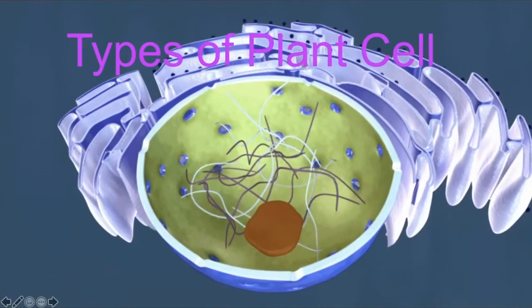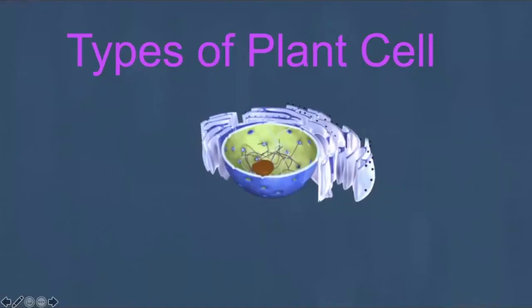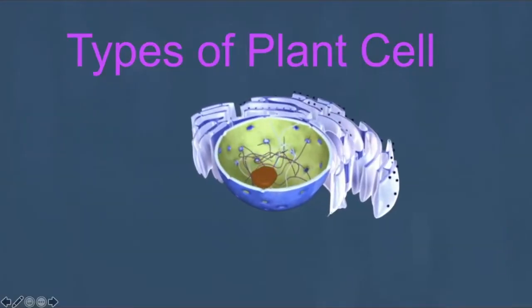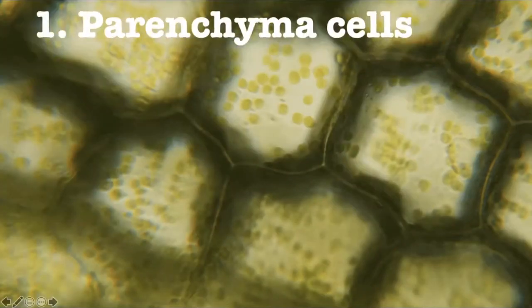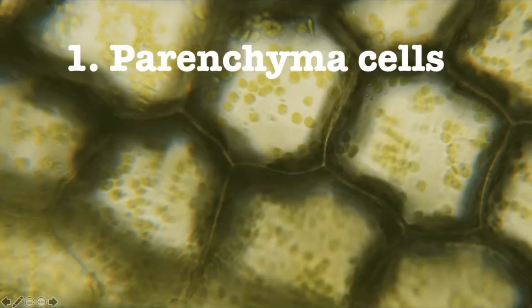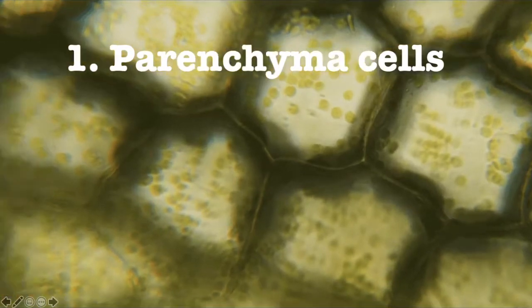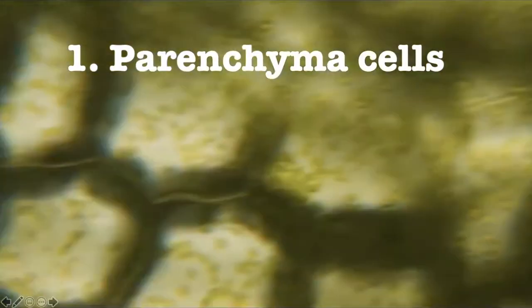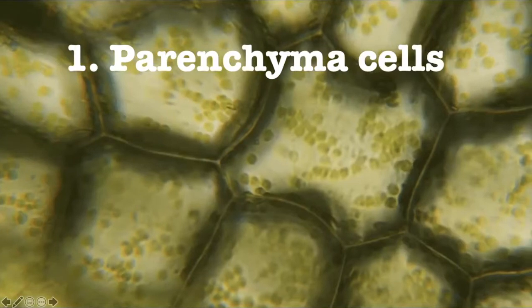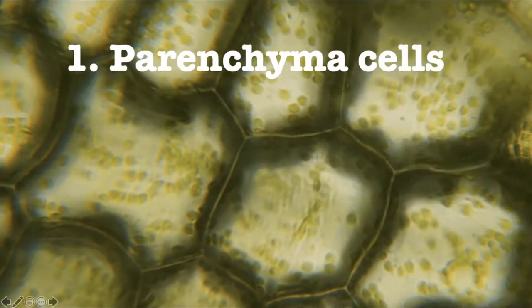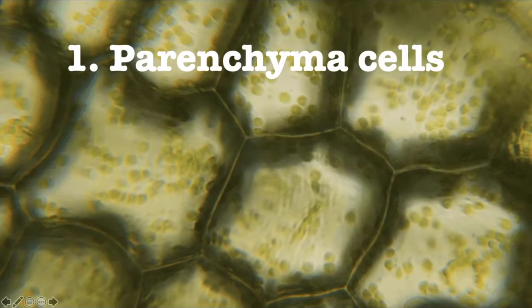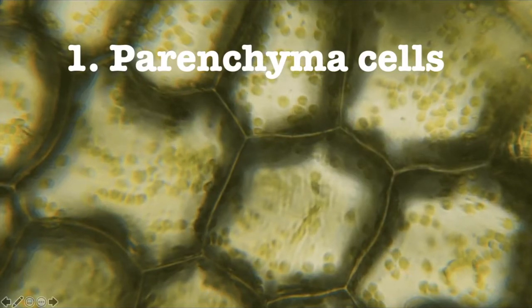There are 7 types of plant cells. The first type, we have the parenchyma cells. Parenchyma cells are live, undifferentiated cells found in a variety of places of the plant's bodies.